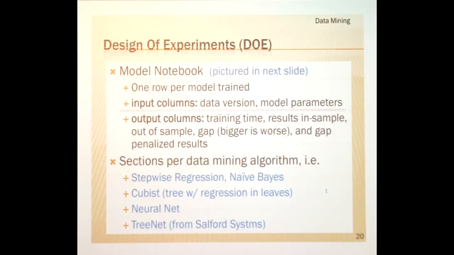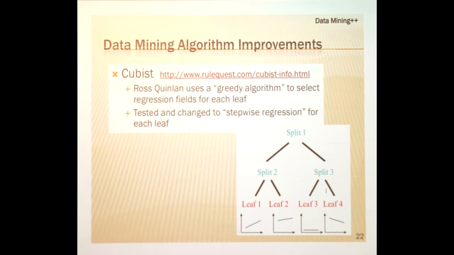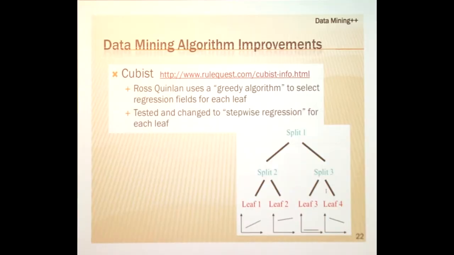And then for these different things, I would go through this process, trying with, say, stepwise regression, naive Bayes, cubist, neural net, a variety of different things. That would be happening behind the scenes. So cubist from Ross Quinlan has a decision tree, but then at the leaves, since we're predicting a continuous number, the lift ratio, the records in each leaf would be fit with a stepwise regression. That regression would be forecasting the final output within these.